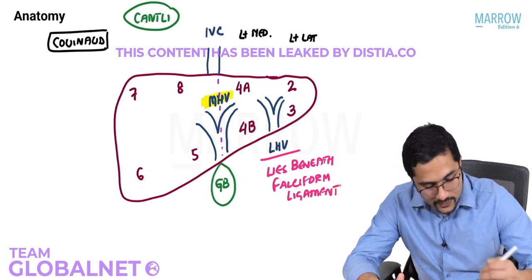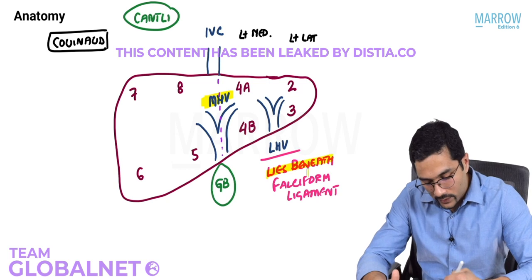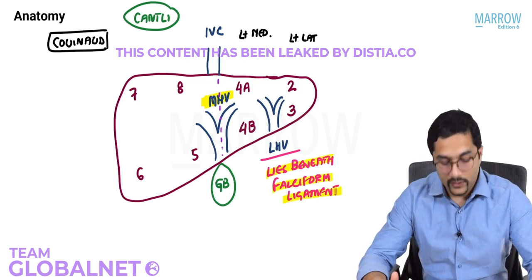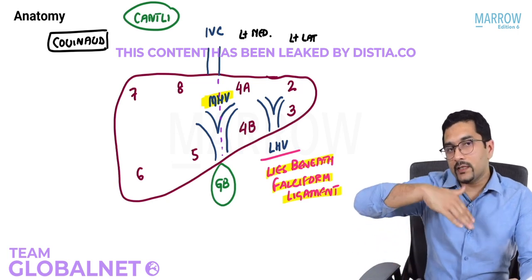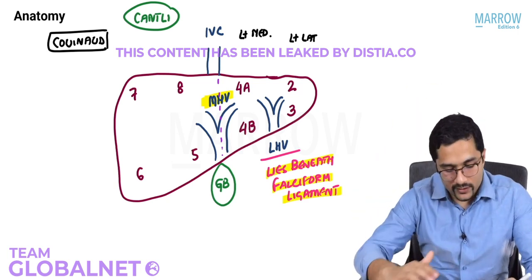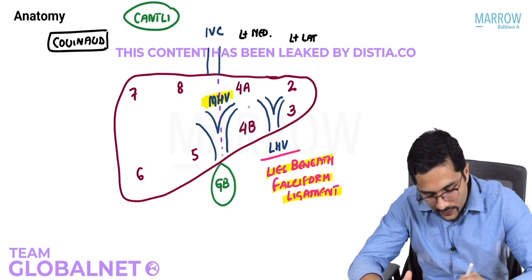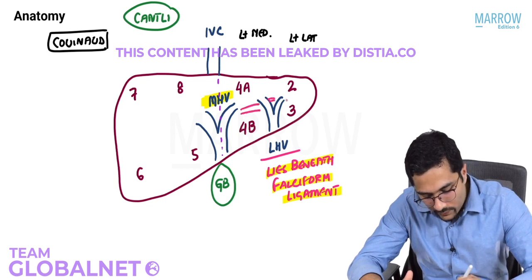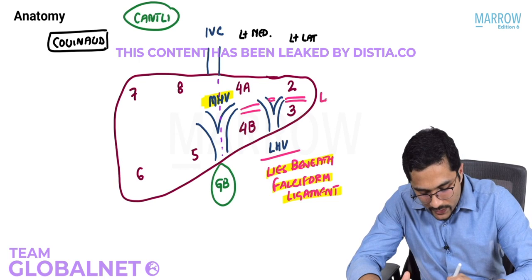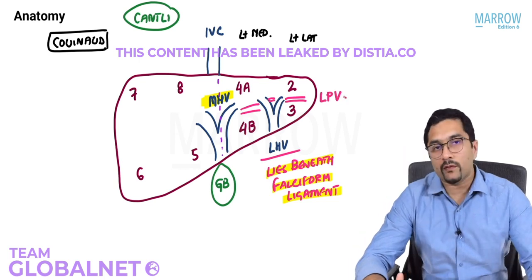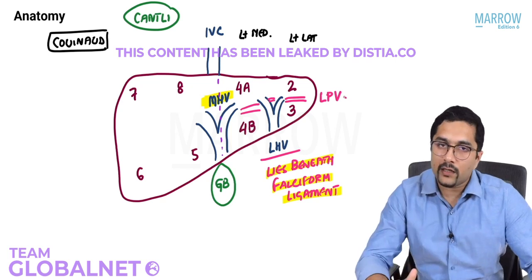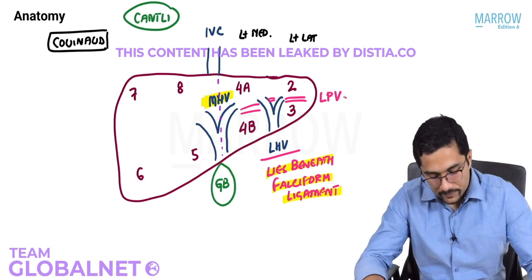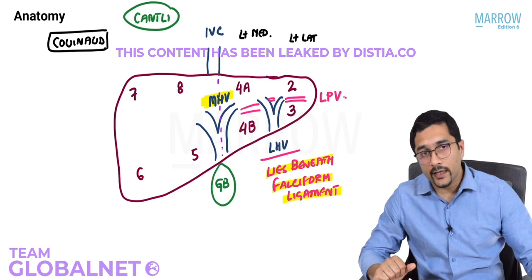You can see here that the falciform ligament is actually towards the left side of the liver, right? Also, the left hemiliver is divided into superior and inferior. This division is based on the left portal vein tributary, where 2 and 4A are superior and 3 and 4B are inferior.